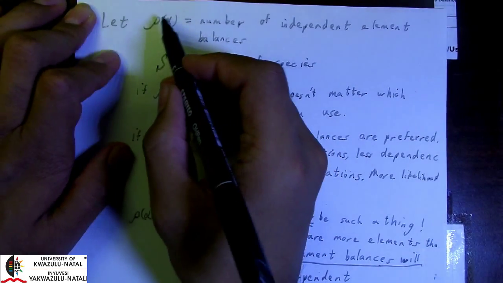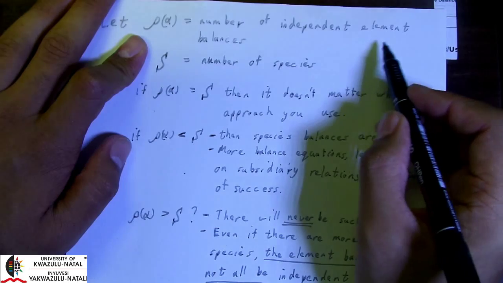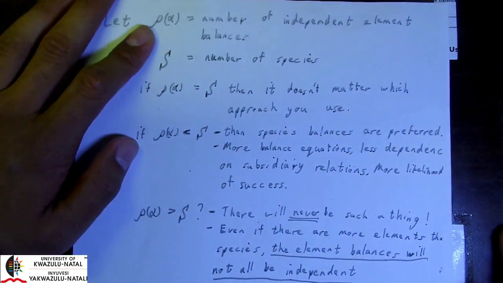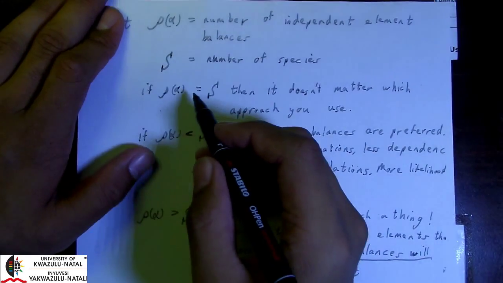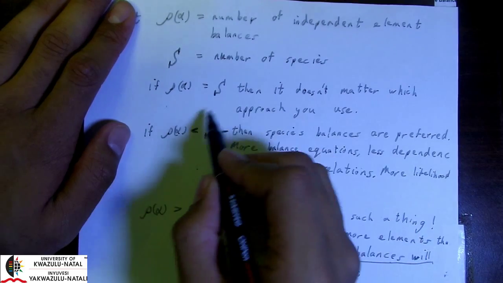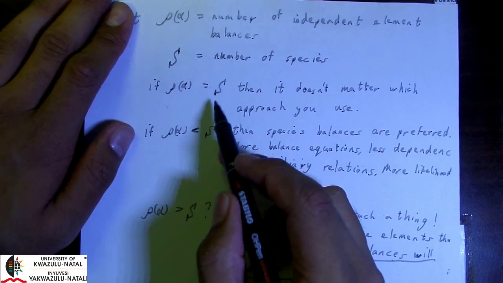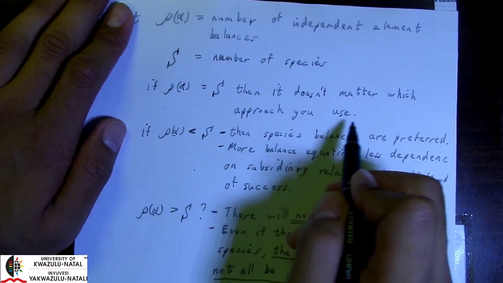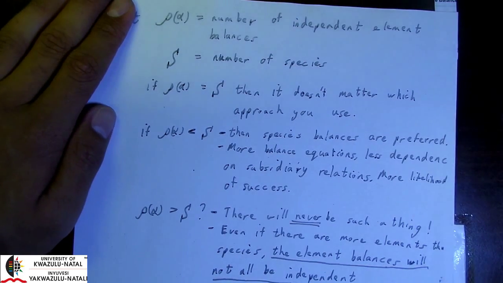So let rho of alpha equal the number of independent element balances and S be the number of species that we are considering. If rho of alpha is equal to the number of species, the number of element balances is equal to the number of species, then it doesn't really matter which approach you use. Each calculation method will be of similar complexity.